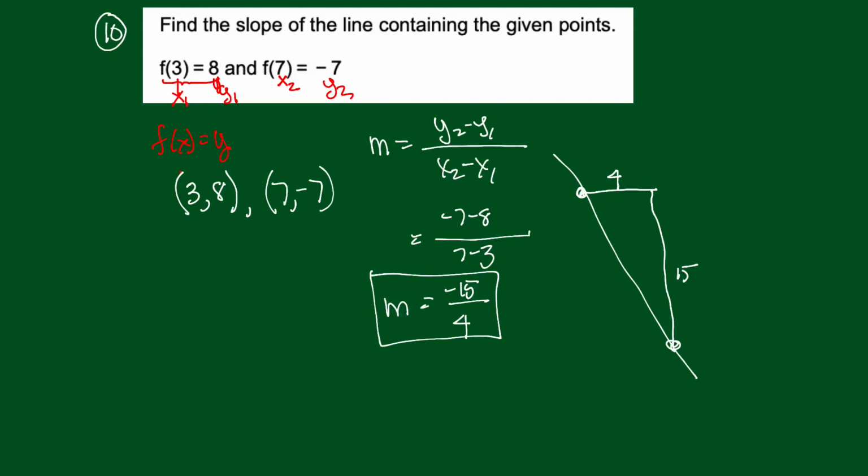Or you can think of it this way. If you've got an application going on, if you increase the input by 4, so whatever you have for your input, increase it by 4, then the output is going to decrease by 15.